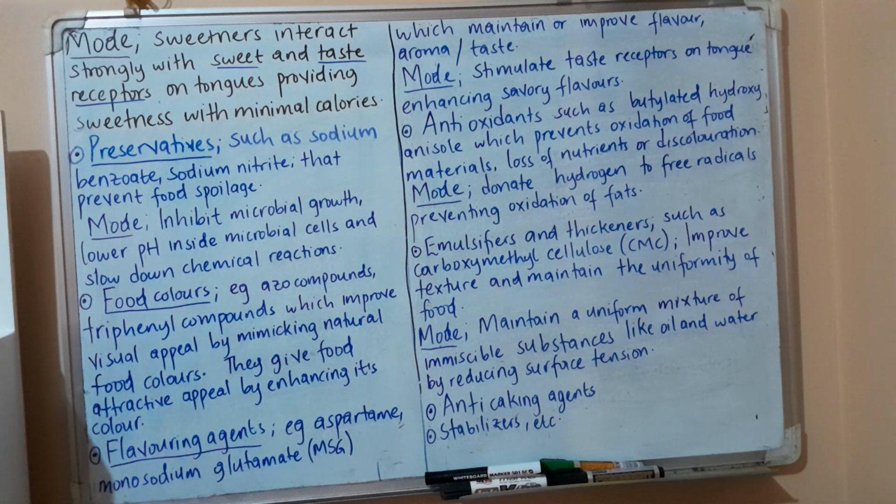They mimic natural flavors. Then we also have synthetic flavoring agents, as we saw natural flavoring agents for natural food additives. Here we also have artificial flavoring agents. They include aspartame, which we also saw is a sweetener, and monosodium glutamate, and it's the same role. They will maintain or improve the flavor, aroma, and taste of food. So how do they do that?